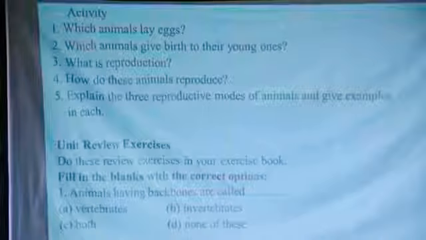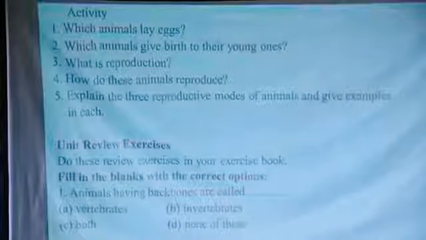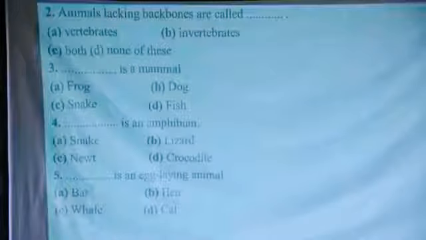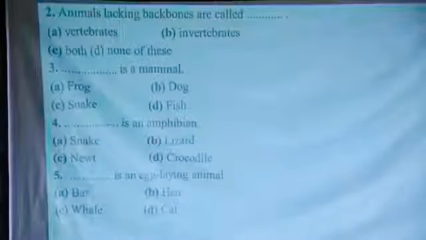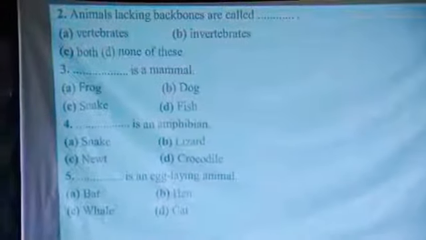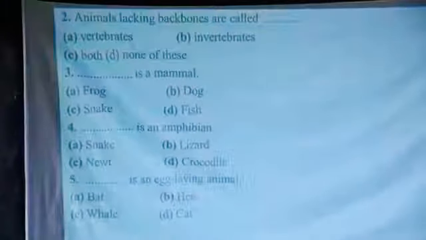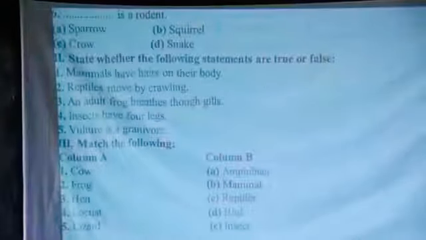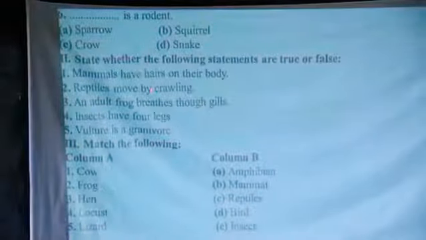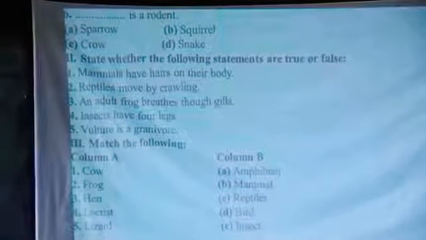From this, you can simply have the answer. Make sure you go through. Go to number 2 and answer this in your free time. We have finished with all these activities, and we can move on.